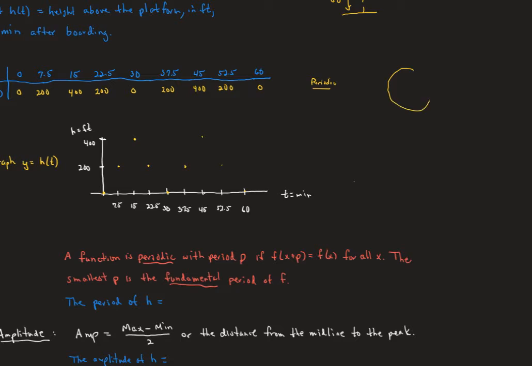So let's imagine here's our circle again, and we're going to look at this distance here. We know that we're starting out at a distance of 0 above the platform, and by the time we get to that 3 o'clock position, which we said would be 7.5 minutes, we'd be 200 feet. So if we look at that halfway place there, and make this into a right triangle, I'm going to redraw that right triangle over here.